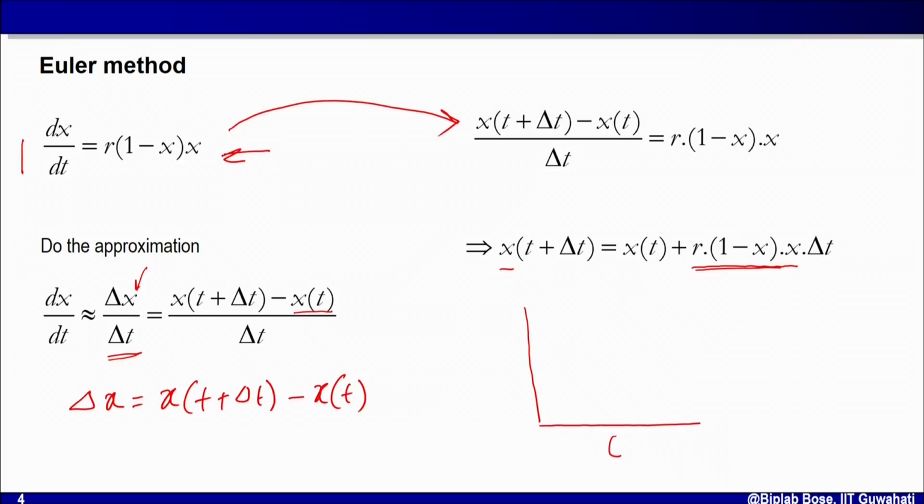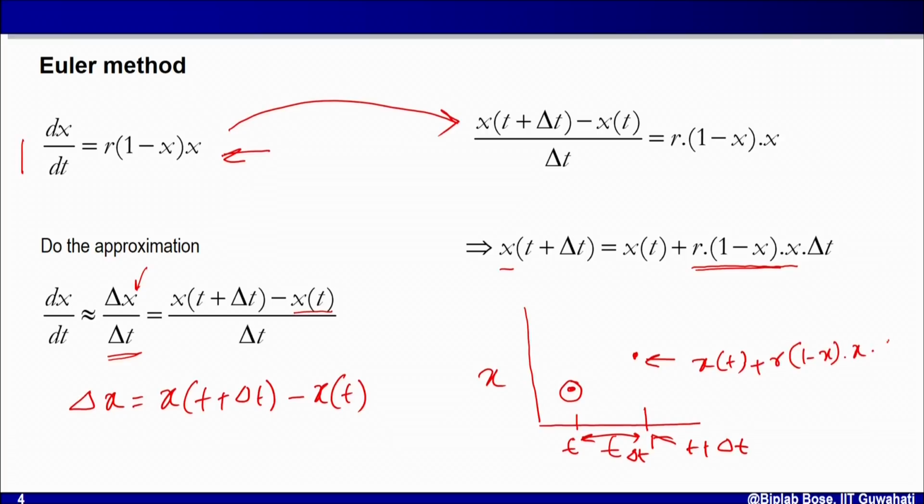will show it graphically. This is time t, and x is varying here. Suppose at time t, x is here, and after time delta t, this is delta t, so this is nothing but t plus delta t. x will be somewhere here, and this value is x at time t, plus r(1 - x) times delta t.